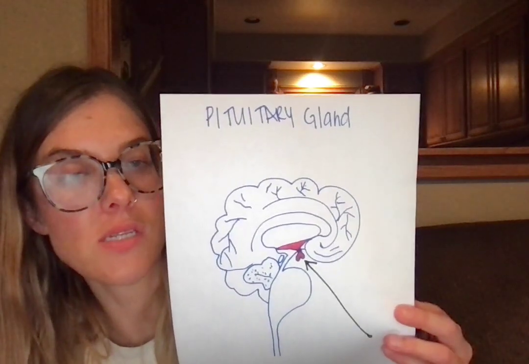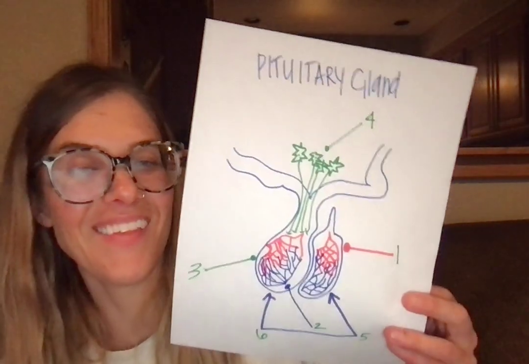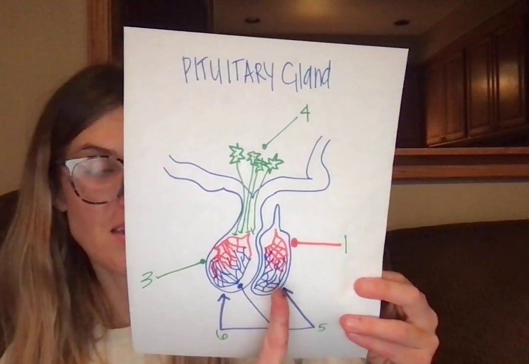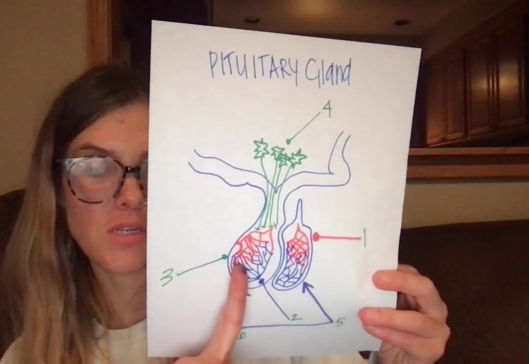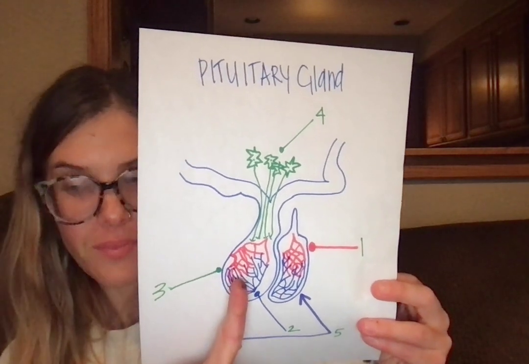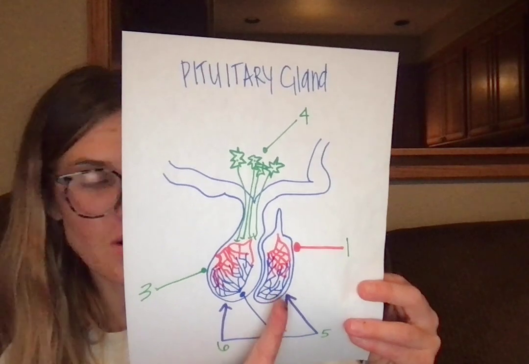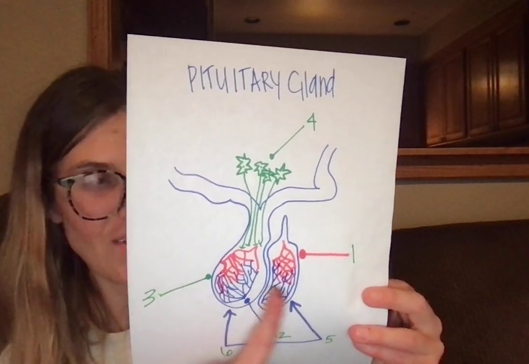It is made up of two distinct regions, known as the anterior lobe and posterior lobe. So here is the anterior lobe, and here is the posterior lobe. I always get these mixed up.